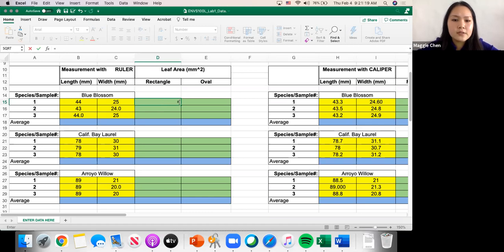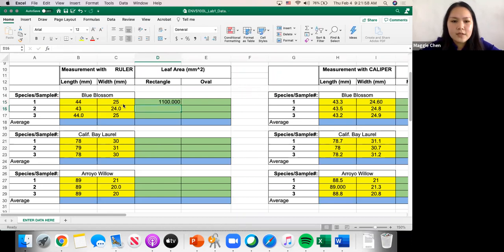And if you can't really see what I'm typing into the cell here, there's also this formula bar in white up here that you can refer to, where the equation is just going to pop up. But if we're going to want to get our leaf area, we can just start our equation with an equal sign and then select our length, 44, shift 8 to get our asterisk or our multiplication sign, and then select 25, our width. And then we can hit enter.